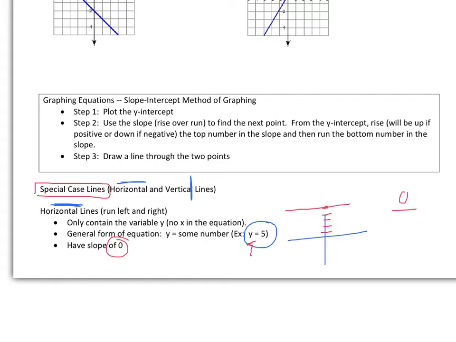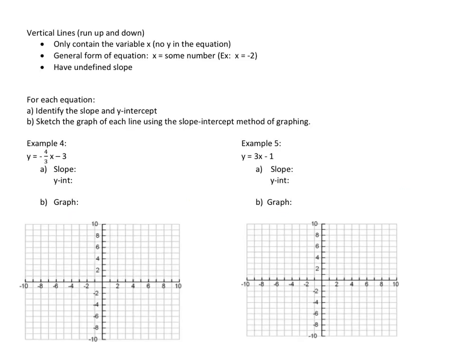Now if we look at a vertical line, it runs up and down. Now this is of the form x equals something. So if I were to graph the line x equals -2, I would find -2 on the x-axis and draw a line up and down like that.